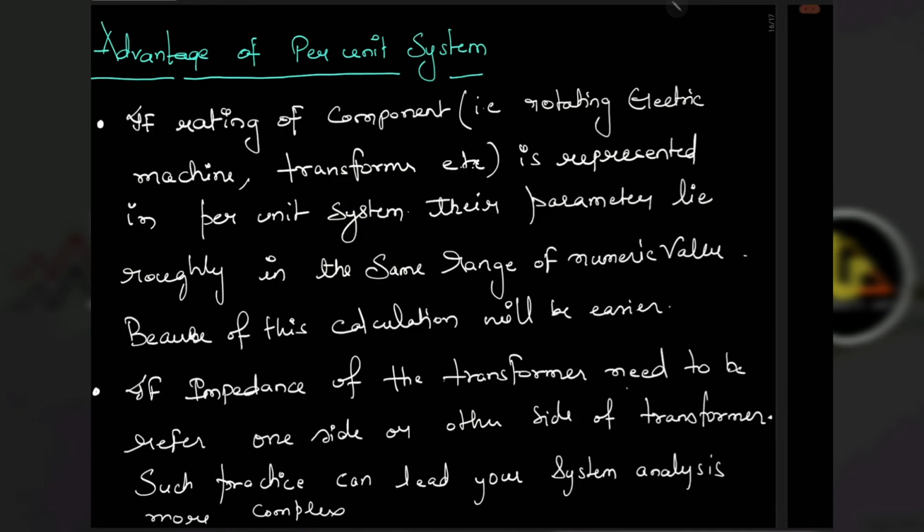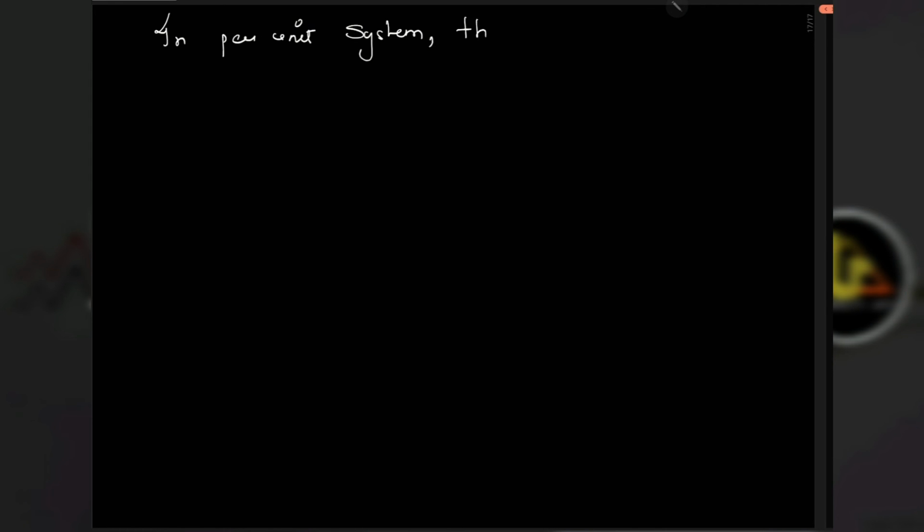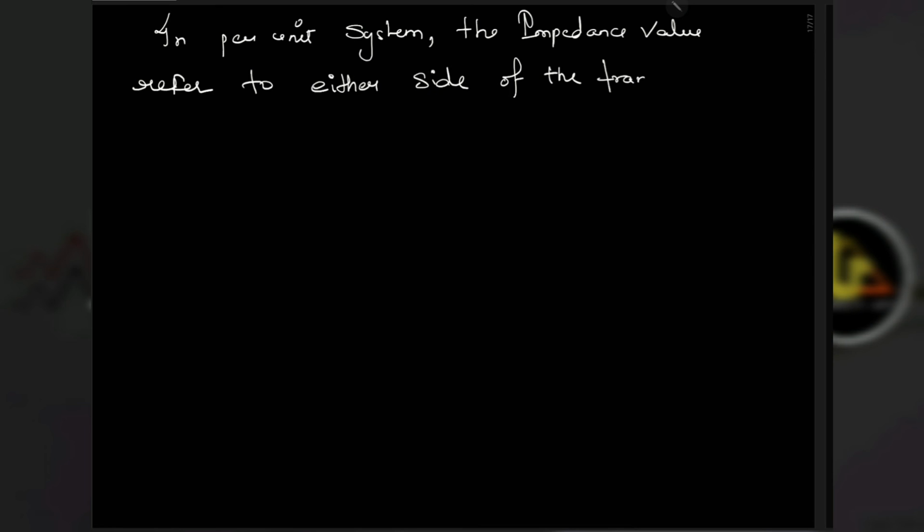So what we do, we convert the impedance into per unit impedance, because if you represent the equivalent transformer impedance, either in the primary side or the secondary side, it will be the same. In the per unit system, the impedance value referred to either side of the transformer will be the same.